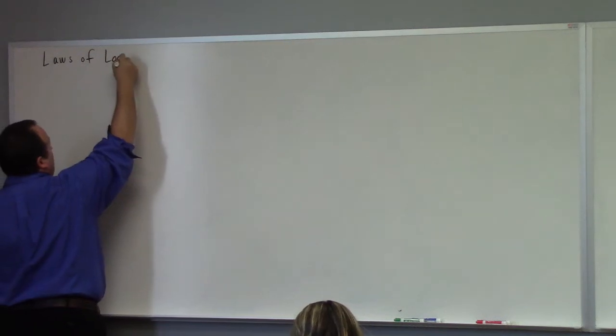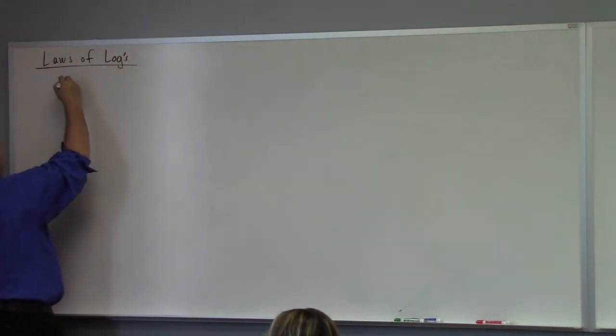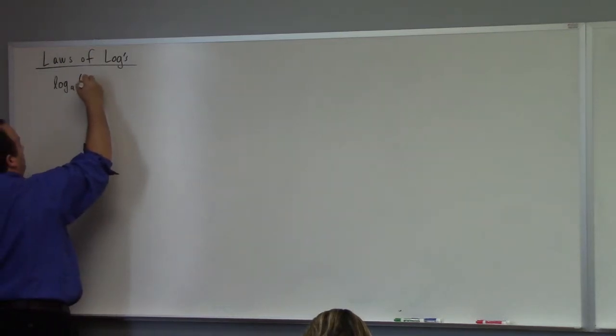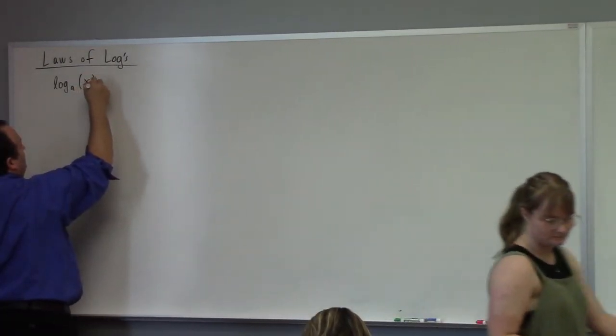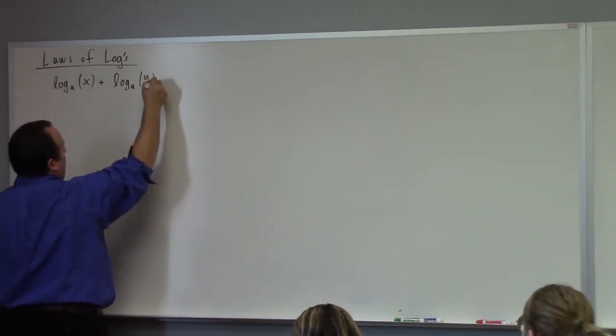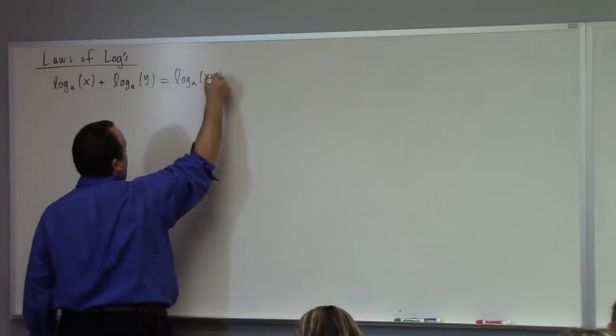All right, so last week I talked about the laws of logarithms, right? And what were those laws? We had log base a of x plus log base a of y equals log base a of xy.